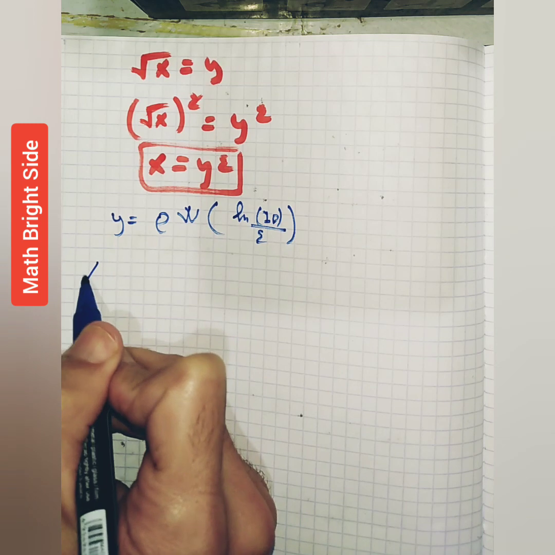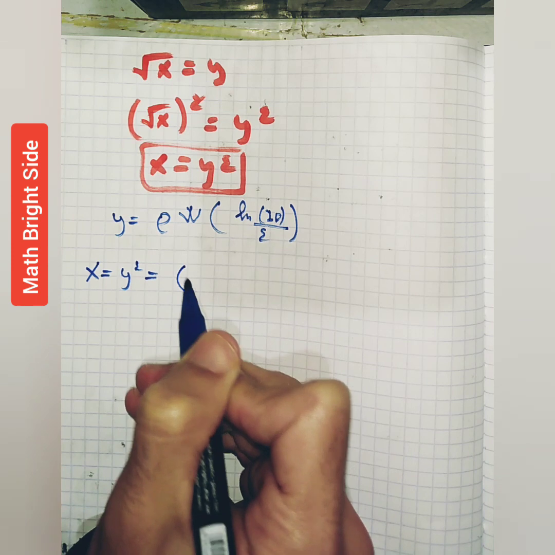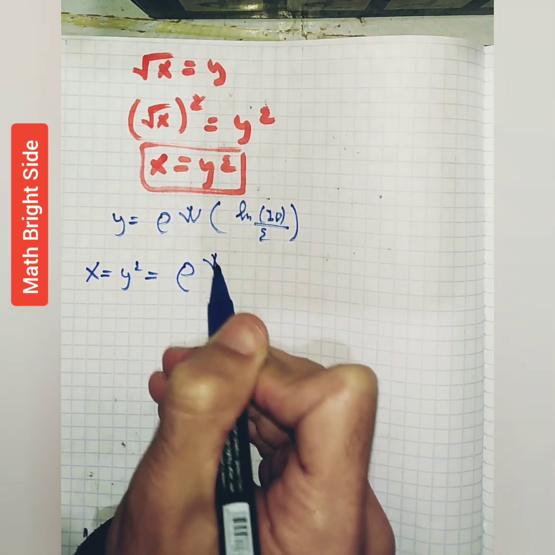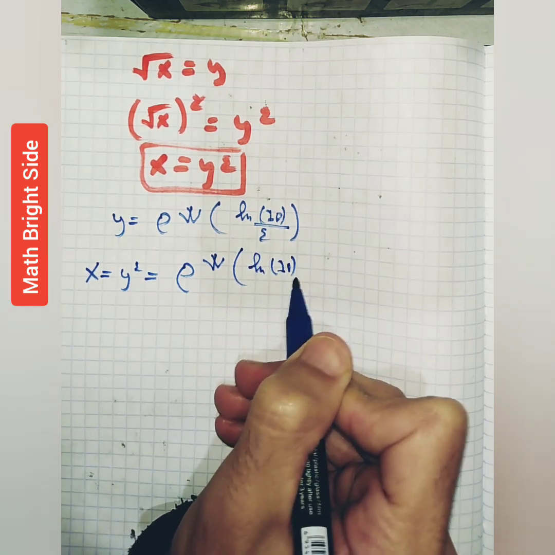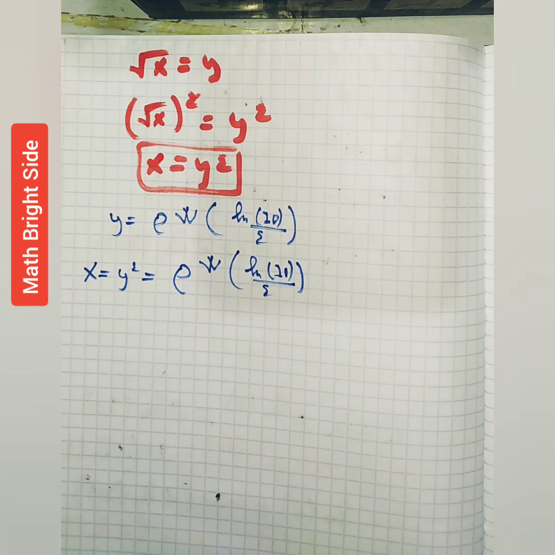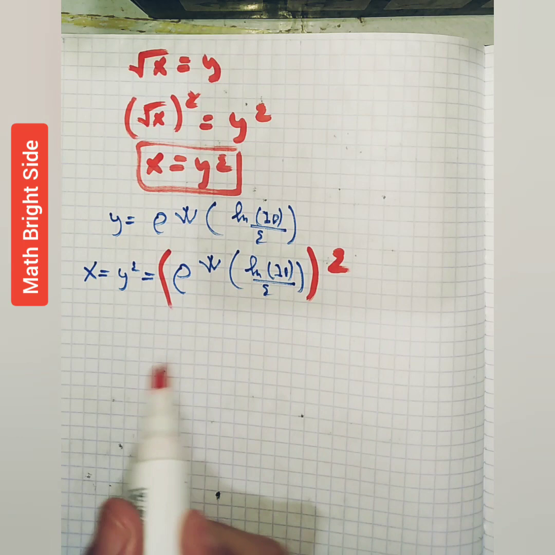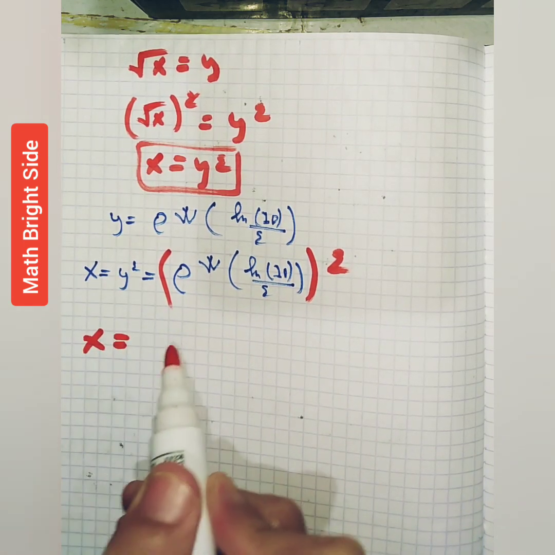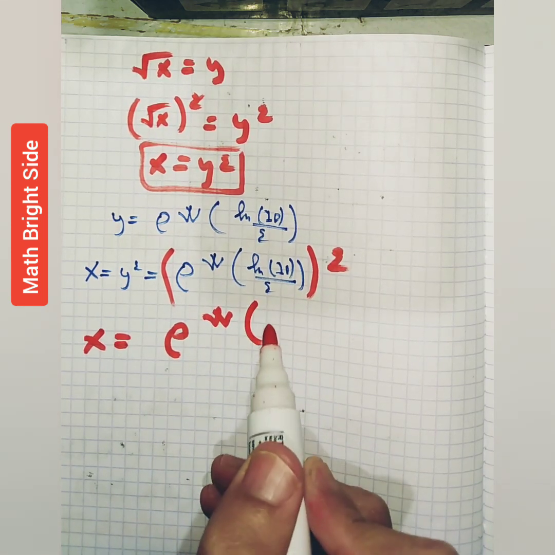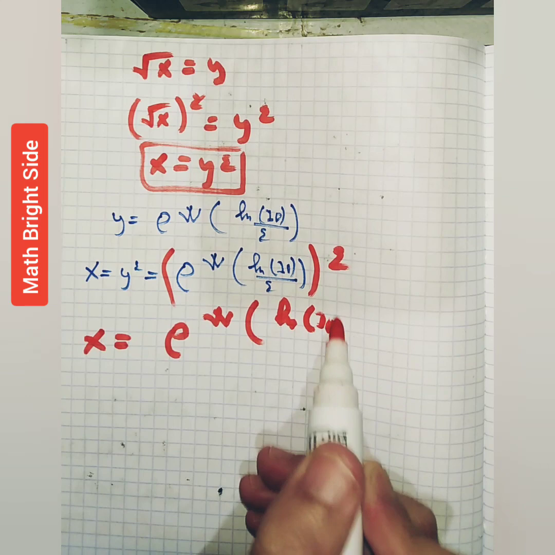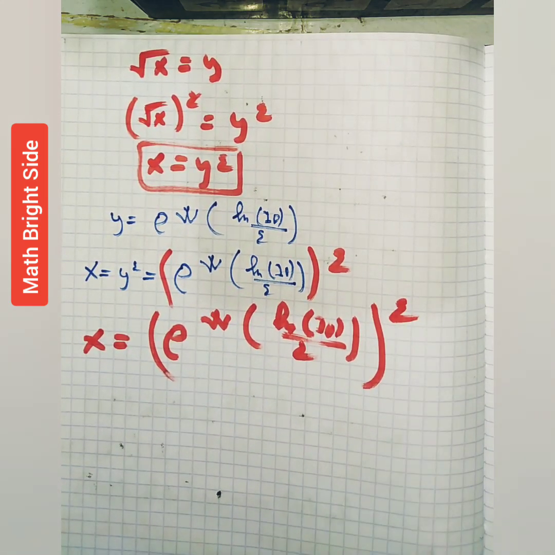So x equals y squared equals (exp of Lambert W function of ln 10 over 2) power 2. So x equals exp(W(ln 10 over 2)) power 2.